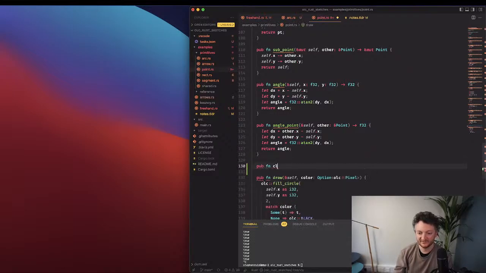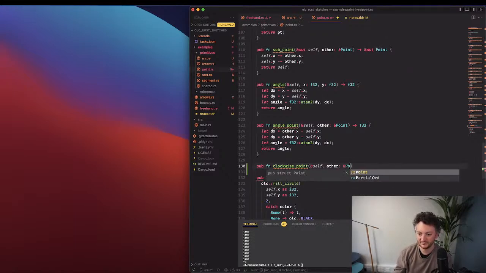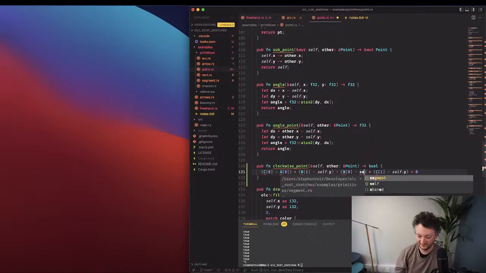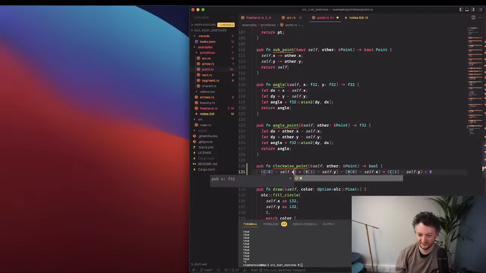Public function clockwise to point. So self other is going to be a point. We're going to come back with a Boolean. And then A1 is going to be self.y. Sorry, I'm copying this over from somewhere where vectors are in arrays. And then B.